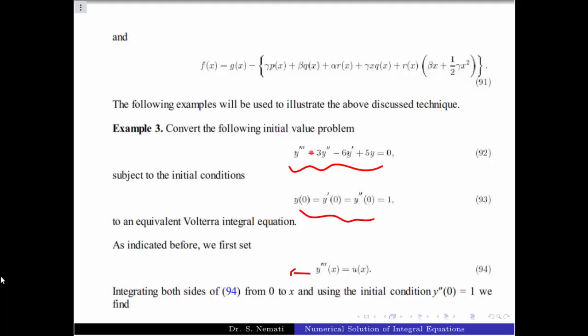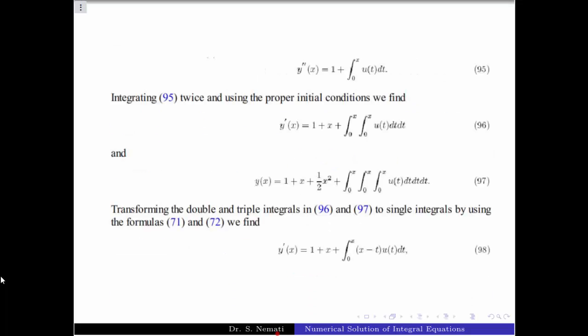You can see that p is -3, and the second multiplication is -6. The known function in the right side is 0, so you can replace in the general formula all related functions and obtain. We have the same procedure.